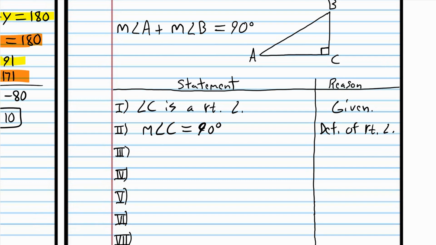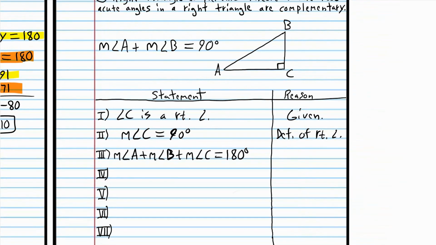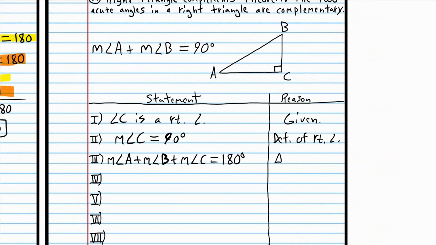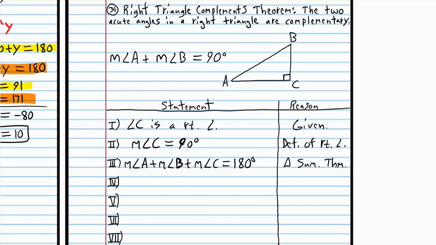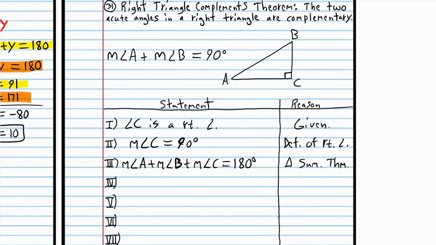Now we also know that the measure of angle A plus the measure of angle B plus the measure of angle C must add up to 180 degrees. That's the triangle sum theorem. Again, we learned this theorem today, that all the angles in a triangle must add up to 180 degrees.